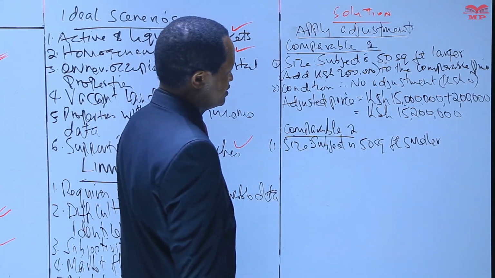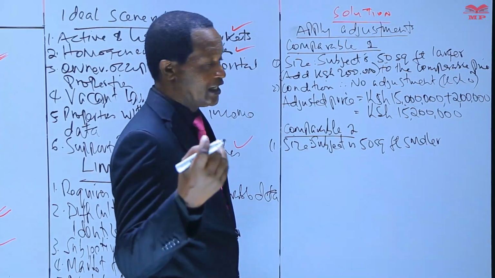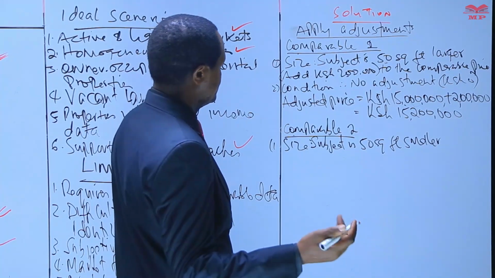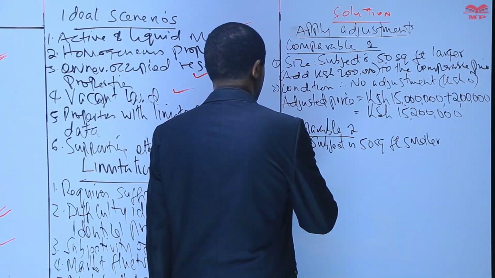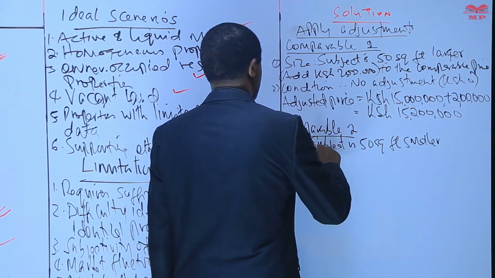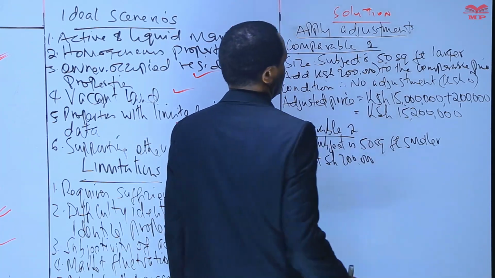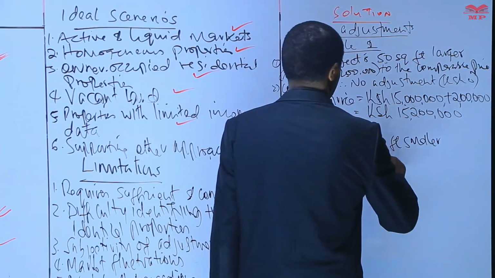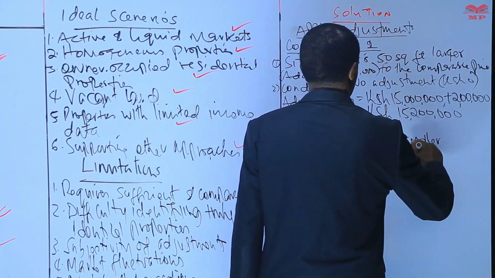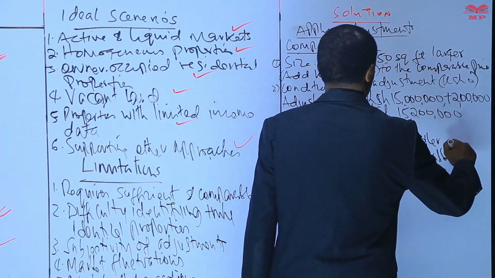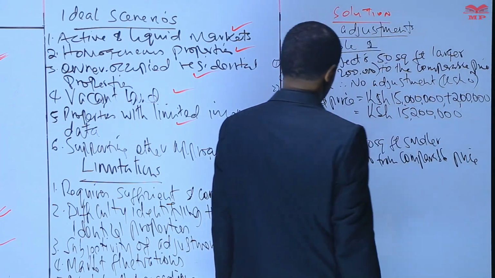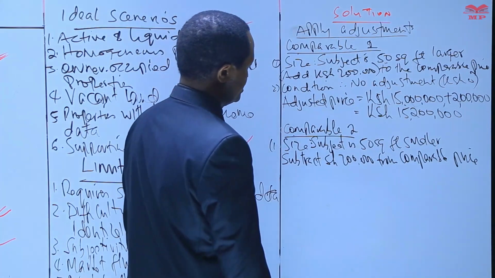That means the comparable is larger. So we are going to subtract 200,000 shillings from the comparable price because it is larger.